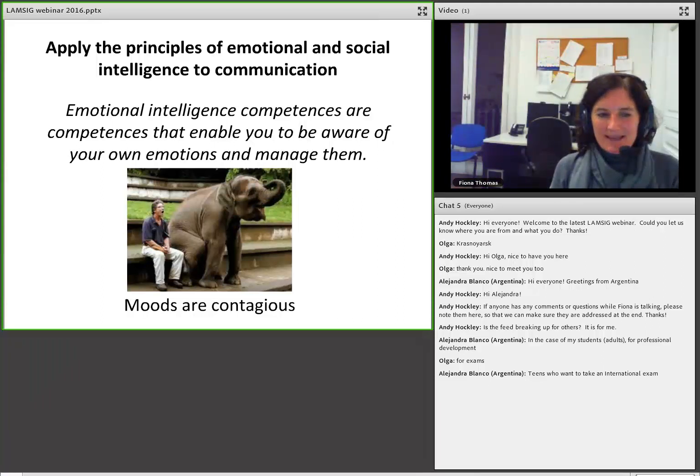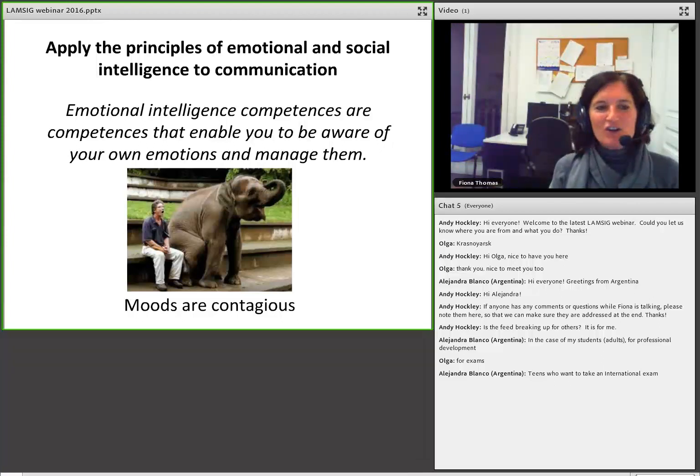Now, what do I mean by that? Emotional intelligence competences are competences that enable you to be aware of your own emotions and manage them. And why is this so important? Now, from this little picture here, which I love, moods are contagious.